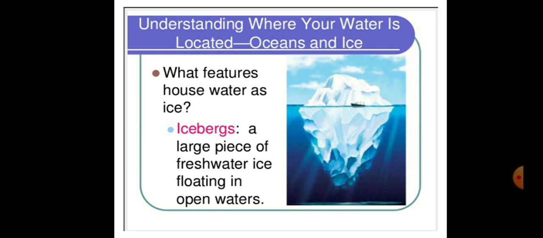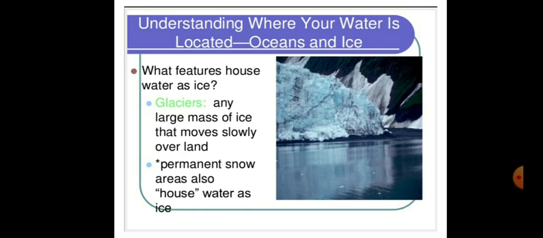Above the water we are able to see a big piece, but under the water also, bigger than that is present. So this actually is the size of an iceberg. Understanding where your water is located.